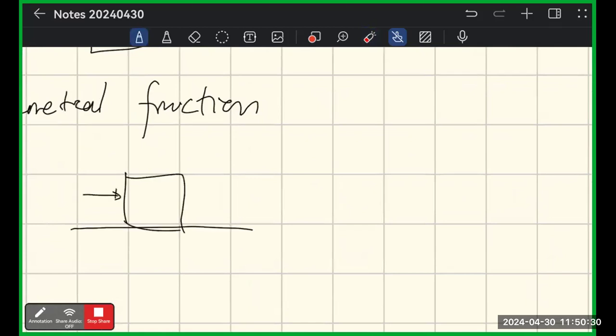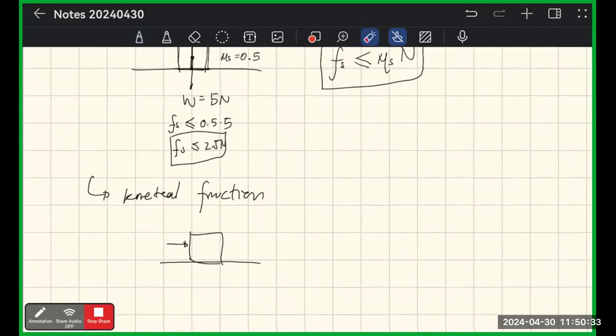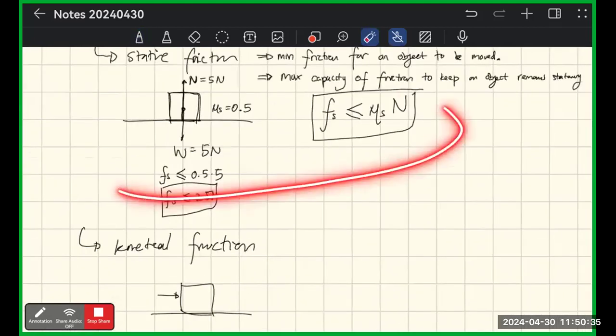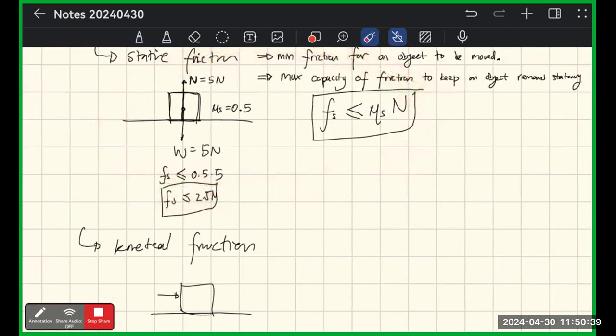if the condition is already satisfied, if they already pass the static friction state. So if 2.5 here is passed, the state is passed, you have a force that is bigger than the static friction.